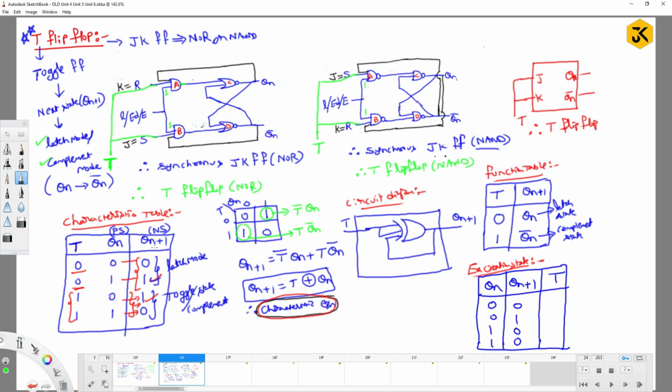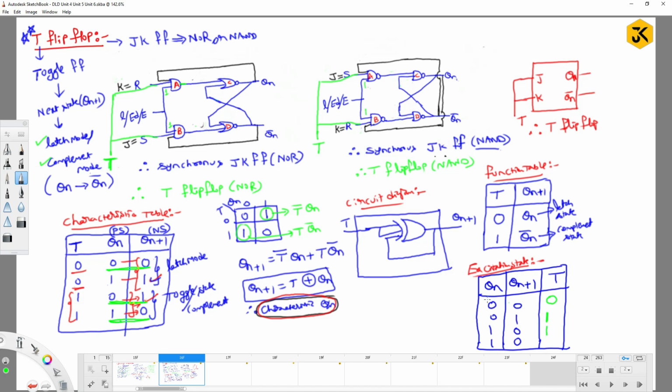If 0 0 are the Qn and Qn plus 1, what might be the T value? T value is 0. If 0 1 is my Qn and Qn plus 1, what might be its T value? 1. If 1 0 are the Qn and Qn plus 1, what might be its value? 1.